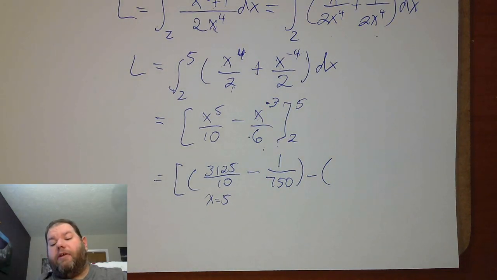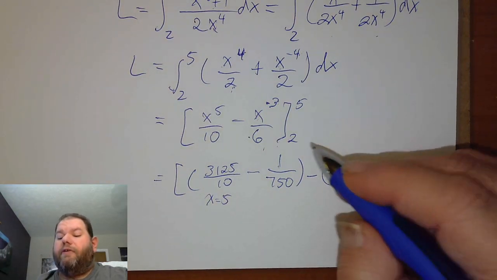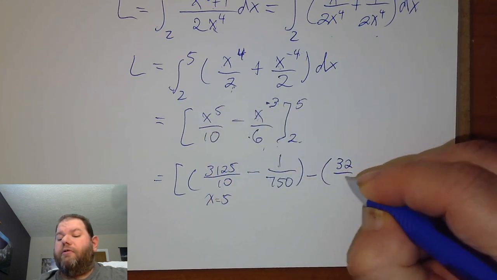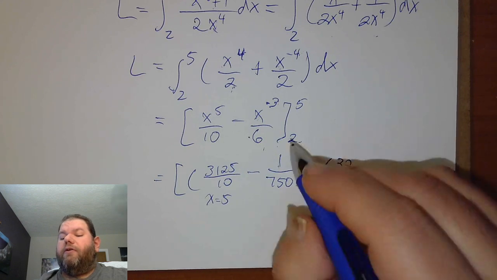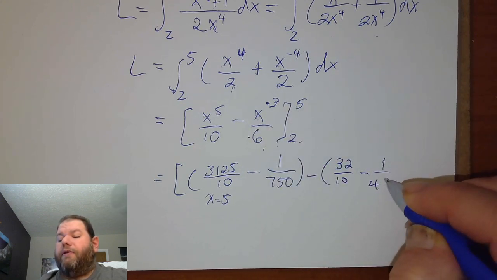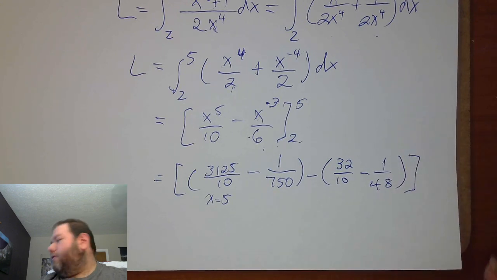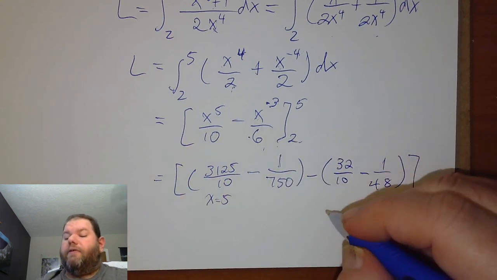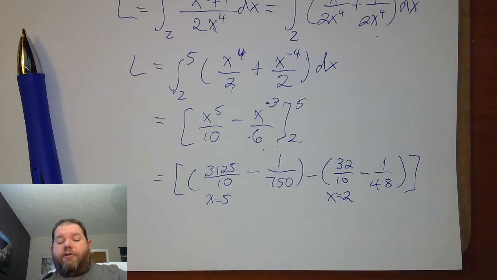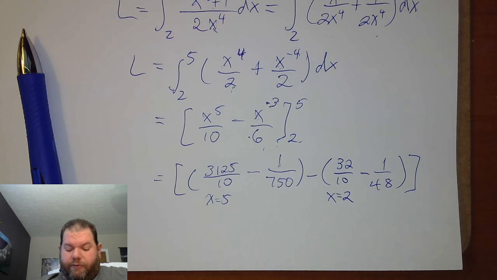And then repeating that for x equals 2. 2 to the 5th is 32 over 10. 2 cubed is 8, so we'll put that on the bottom, so it's 1 over 48. Okay, that's x equals 2. And from here, I would just use a calculator to put these together. It's kind of crazy otherwise.